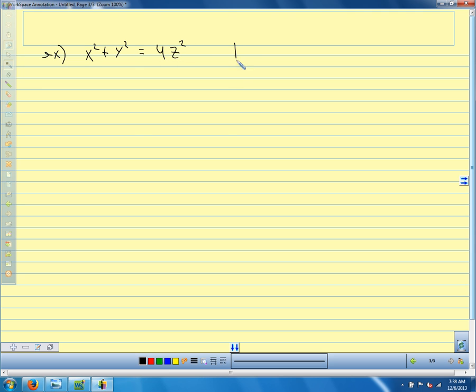We want this in cylindrical coordinates. Well, this one's easy. X squared plus y squared is r squared, and z equals z. So r squared equals 4z squared. So that's our surface in cylindrical coordinates.